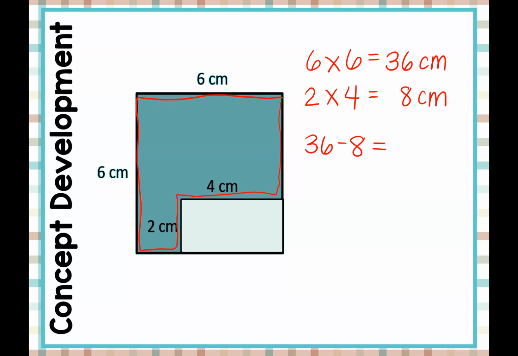And if I count back from 36 by 8, I would end up at 28. But make sure you label your answer. So it's 28 centimeters. So we found out that the whole square's area was 36 centimeters. The smaller rectangle was 8 centimeters. And then the dark green colored shape was 28 centimeters. Very good job with that one.